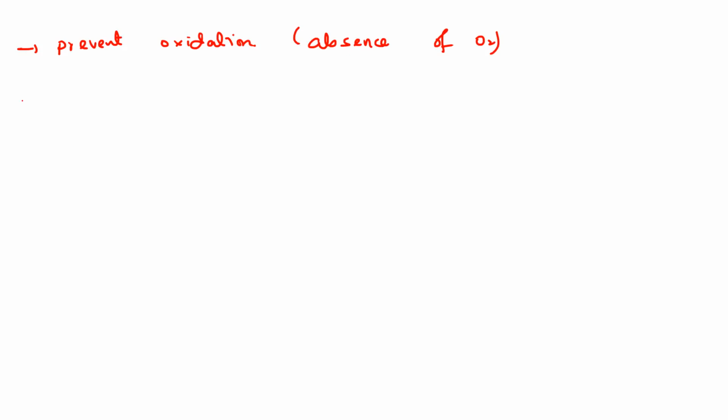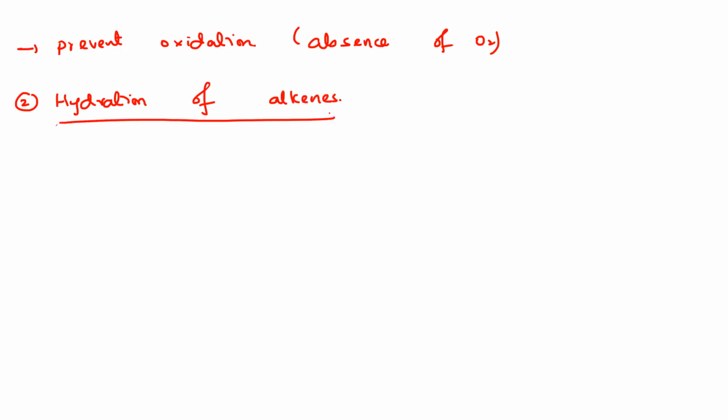However, a synthetic technique could have been simply hydration of alkene. Do you remember what it was? The use of water to make alcohols from alkenes. Alkenes are unsaturated hydrocarbons, and we can add water to them.